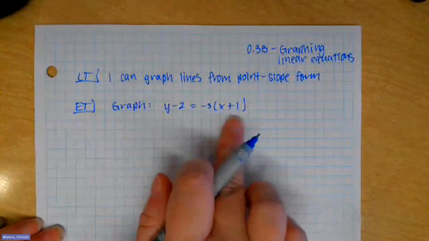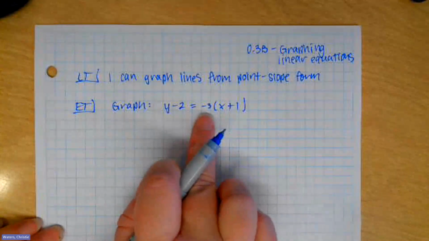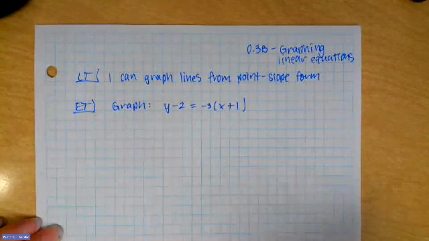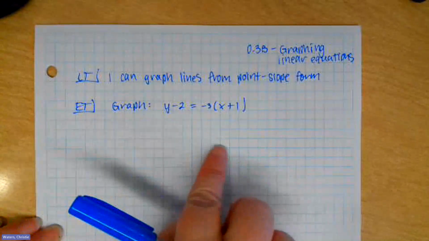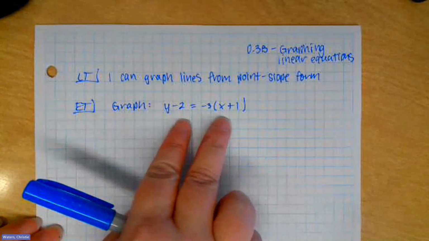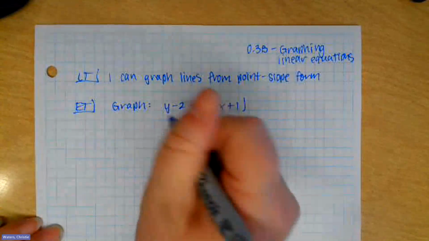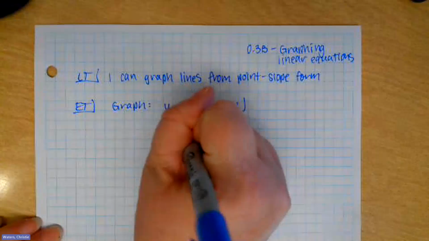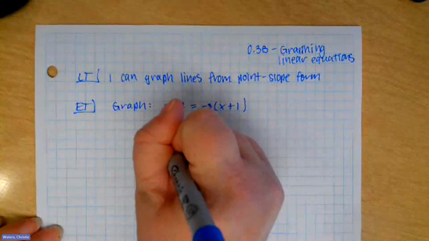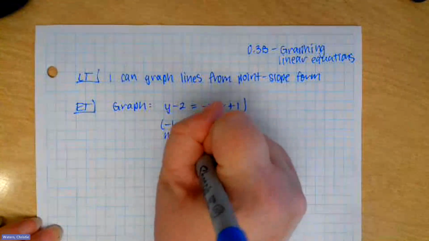So from this equation, if you think back of the assignment that you did on the last lesson, 0.3a, you were given a point and a slope, and you had to write it as an equation like this. So we need to gather from this a point and a slope. So the point from this is -1 comma 2, and the slope is -3.